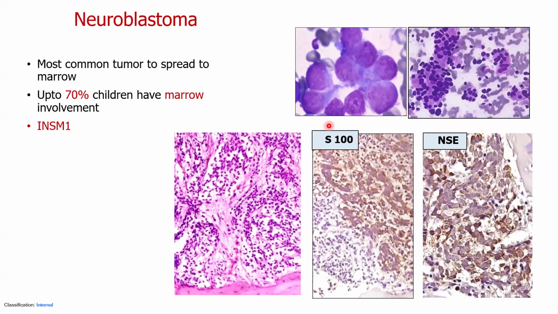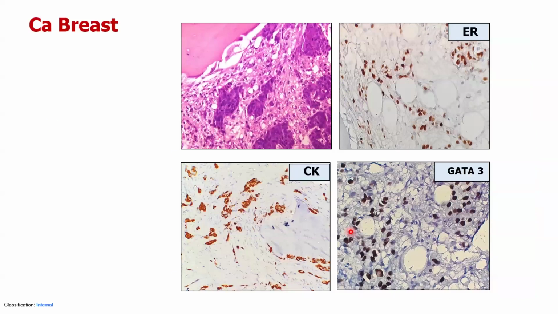This is a case of a neuroblastoma. The aspirate showed clusters of small round cells, and the same was reflected in the bone marrow. The hemopoietic elements were replaced by sheets of these small round cells, which turned out to be S100 and NSE positive. 70% of children have marrow involvement in neuroblastoma.